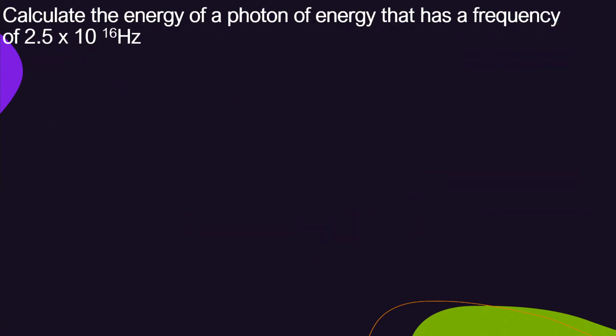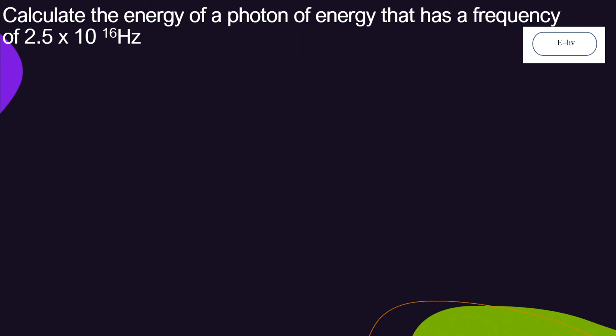Okay, so next question, I want you to calculate the energy of a photon of energy that has a frequency of 2.5 times 10 to the 16th hertz. So the information we have is we have frequency and we want to calculate energy. So we'll be using Planck's constant in this question. So our formula is E is equal to HV.